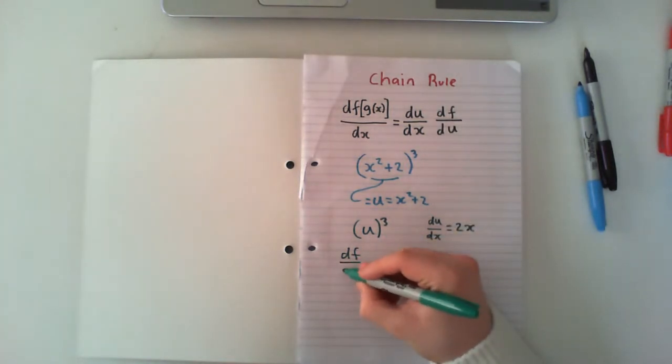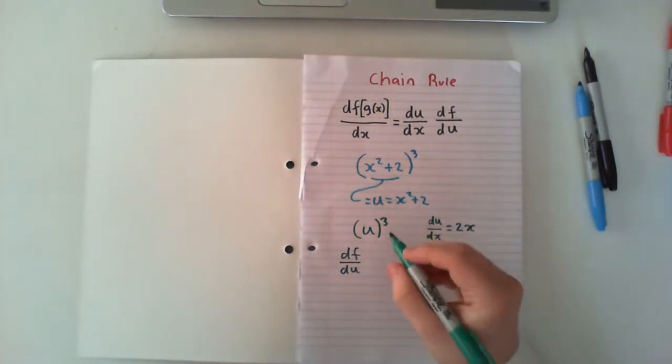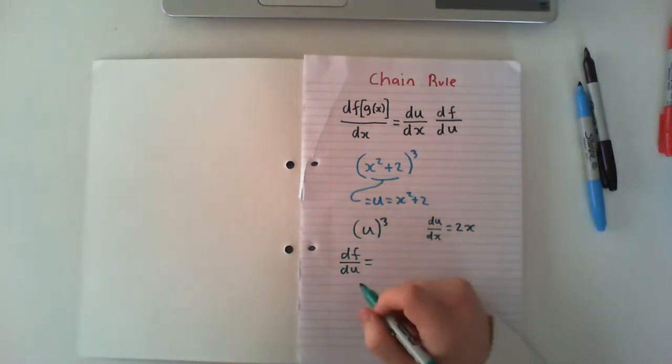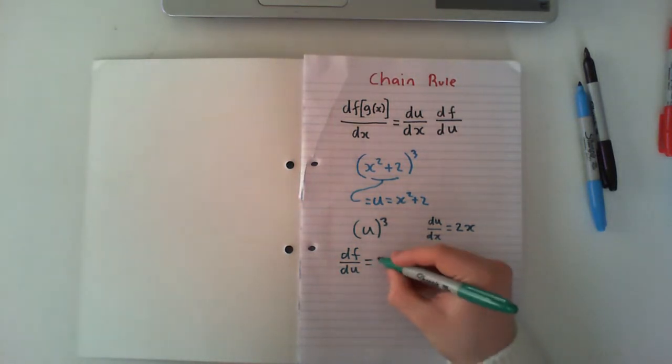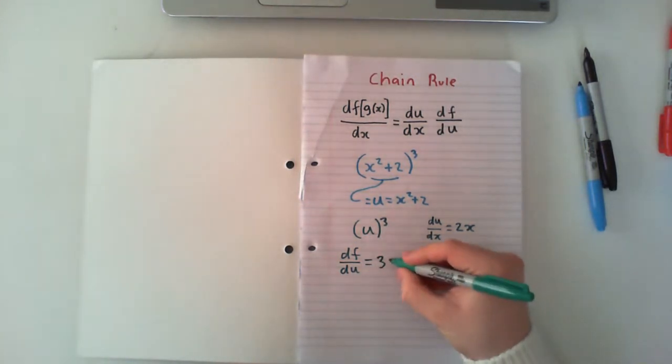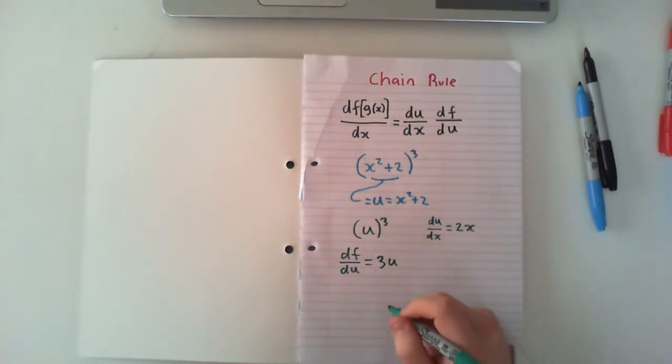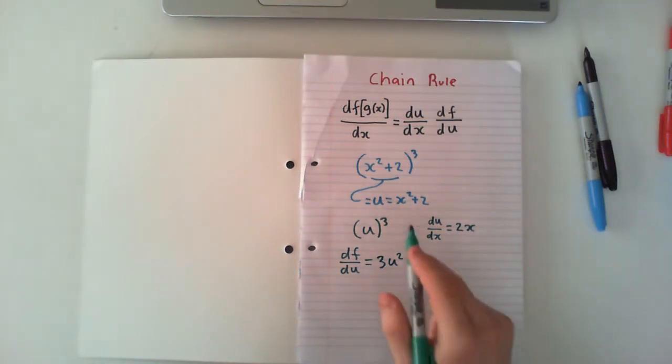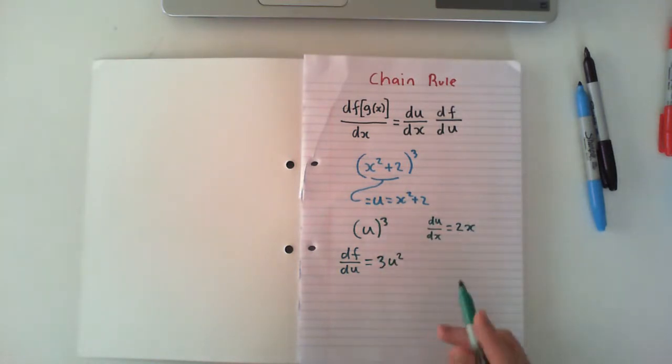Now we can get our derivative of f with respect to u. Our u here, we move our 3 down, we have our u, and we take 1 off the power, so that goes down to 2. And not forgetting what the u actually is, which is our term here, now we just put the two together.